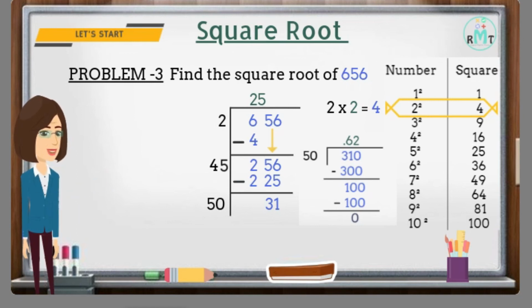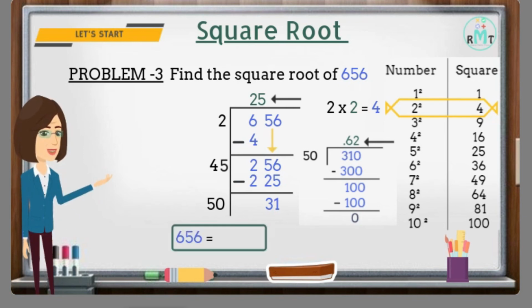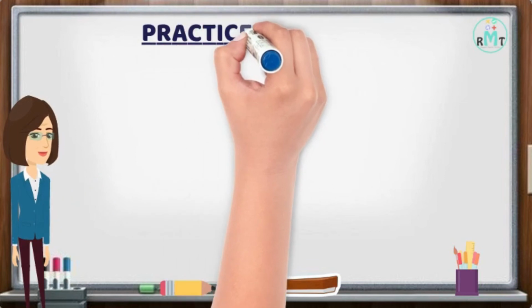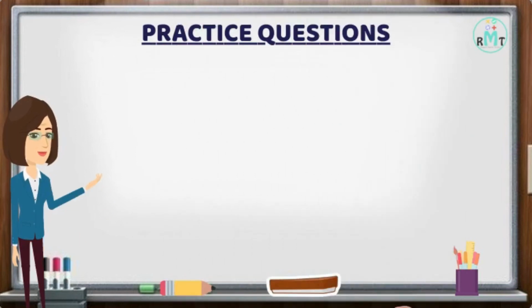Now, the quotient already obtained is 25 and the answer obtained in the previous step is 0.62. Hence the complete answer is 25.62. Therefore, the square root of 656 is 25.62.